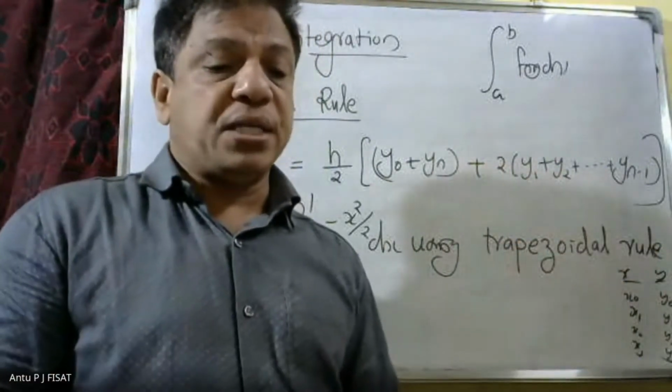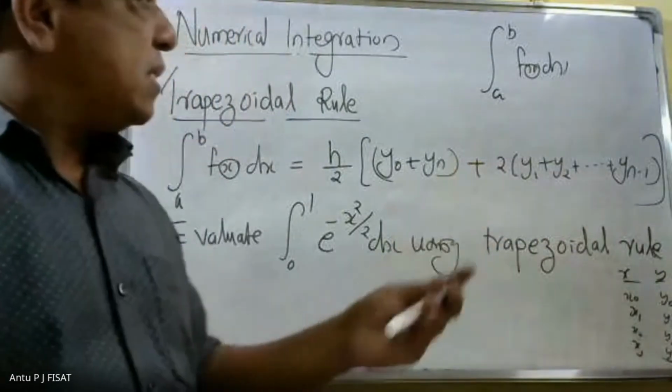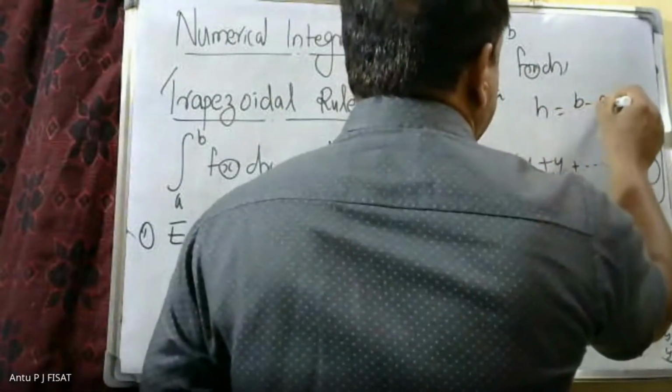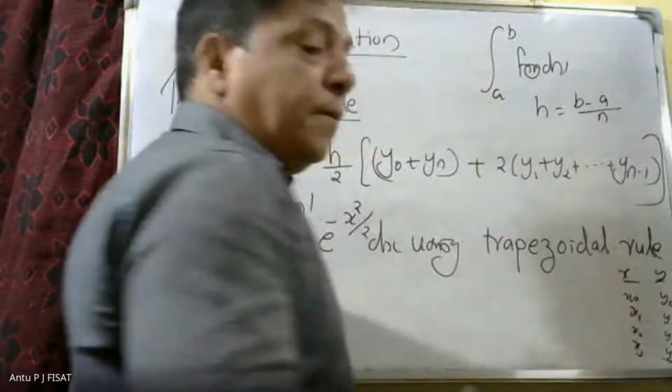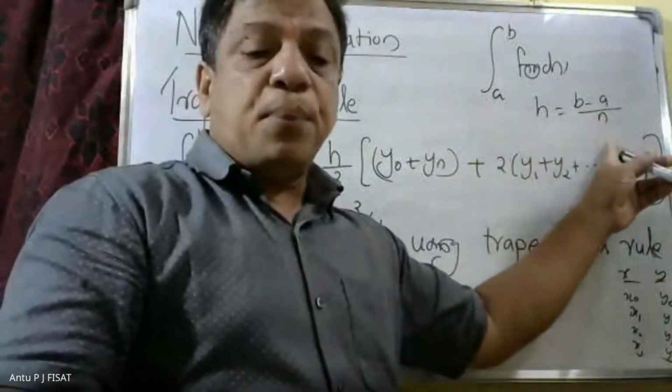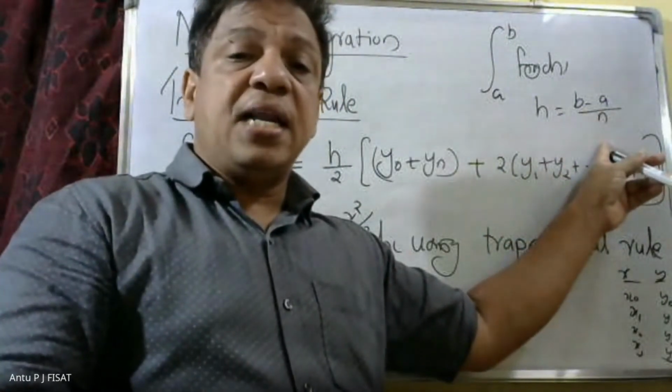plus yn minus 1. Here, to find the value of h, we use the formula b minus a by n, where n is the number of intervals.